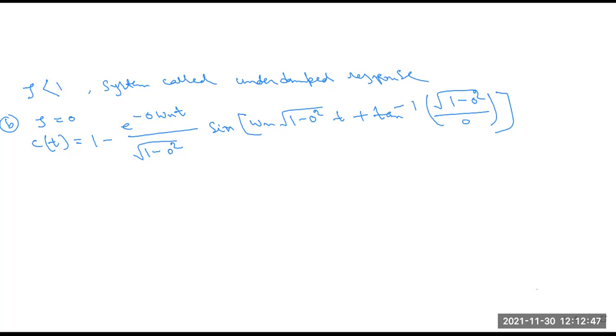So now we have to rewrite these equations. This is c(t) equals 1 minus sine of omega n t plus pi by 2. This is tan inverse infinite, which equals pi by 2.